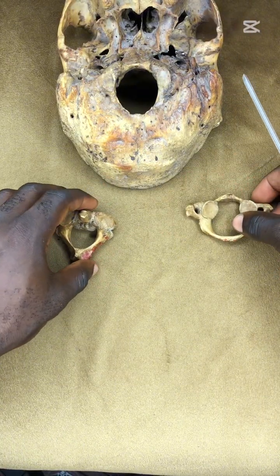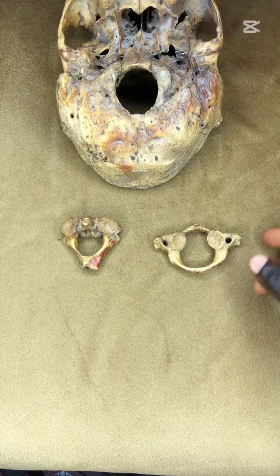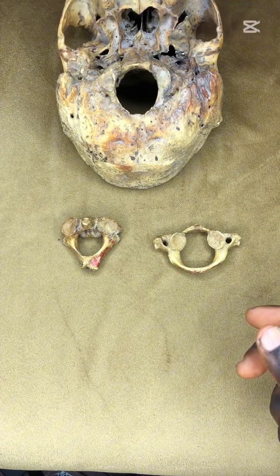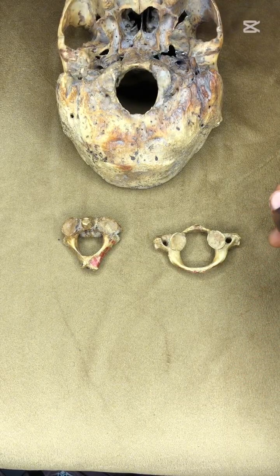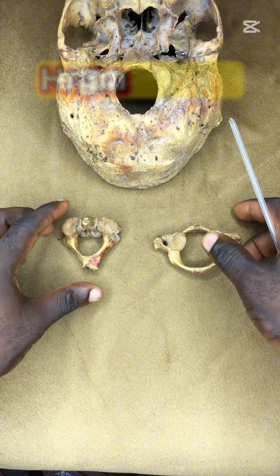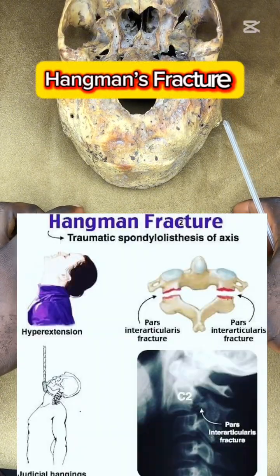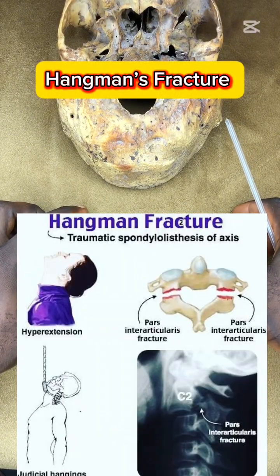Now, the next one we shall be discussing is the hangman's fracture. The hangman's fracture occurs as a result of injury or lesion to the pars interarticularis.